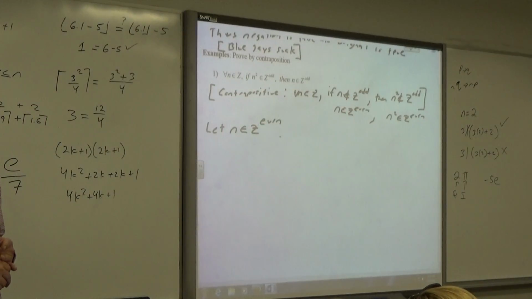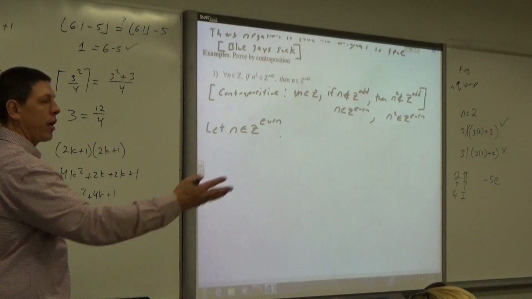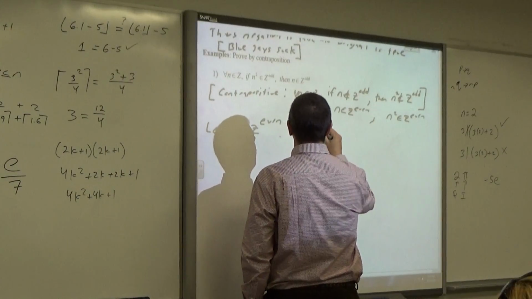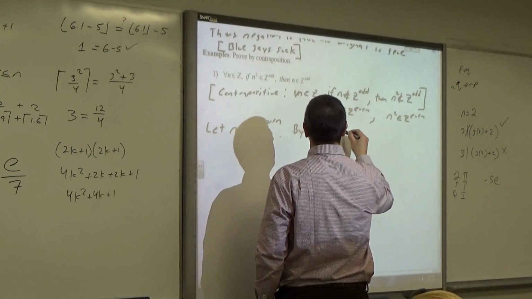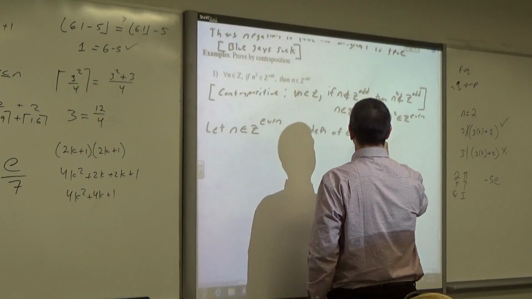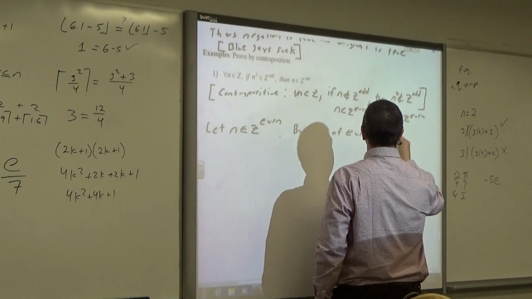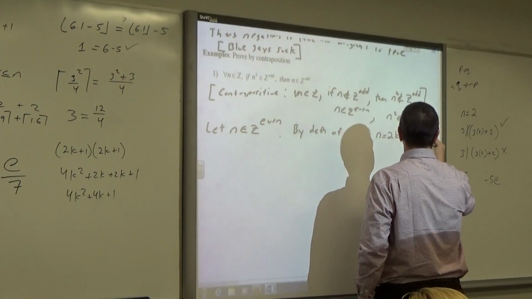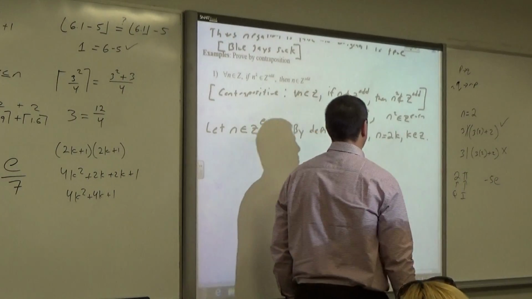Well, guys, if we know that n is in Z even, what does that mean? n equals 2k, where k is an integer. Nice, Greg. So, by definition of even, n is equal to 2k, k is an element of the integers.